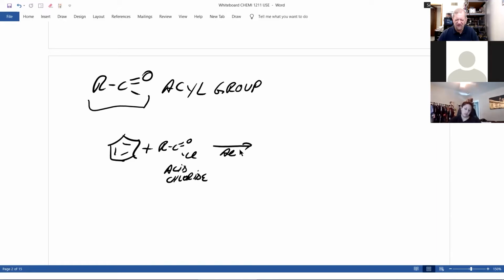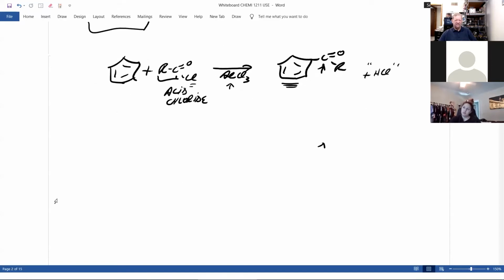And like alkylation, you use Friedel Crafts, use aluminum trichloride. And what you do is replace one of the hydrogens with the acyl group, carbonyl, R group. Now you also get, which you don't have to put down, HCl, the H from the benzene ring and this chlorine. And you can neutralize that later on with a base. So you're making one of the R groups of a ketone a benzene ring, an aromatic ketone.